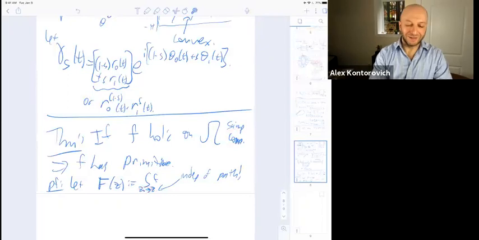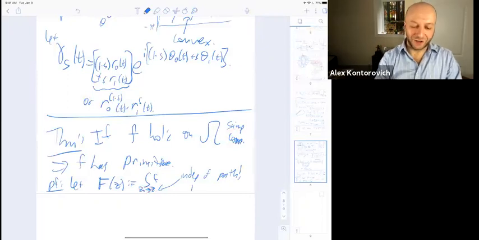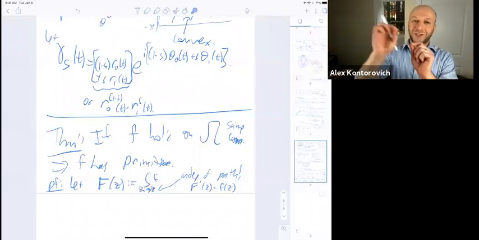Okay, and our standard argument will show that F prime of z is f. So you zoom in to take the derivative, you're in a little ball, and so you can take the straight line.